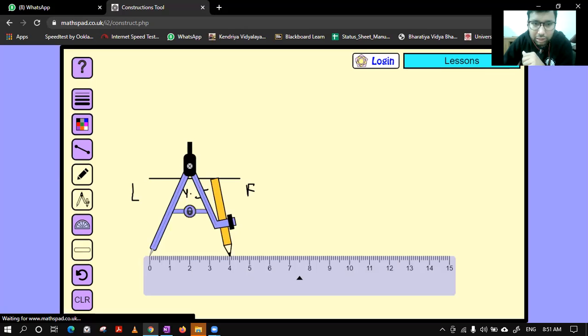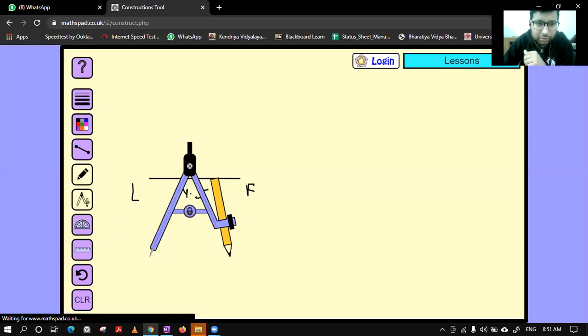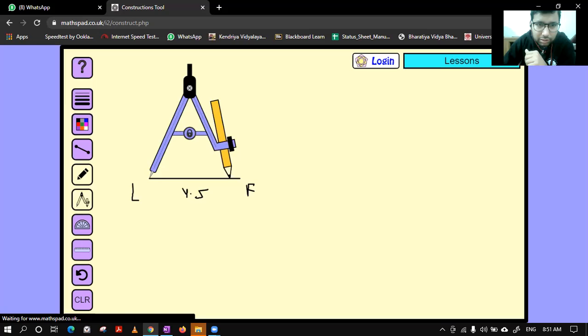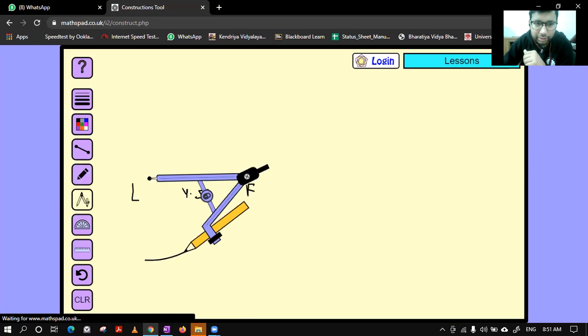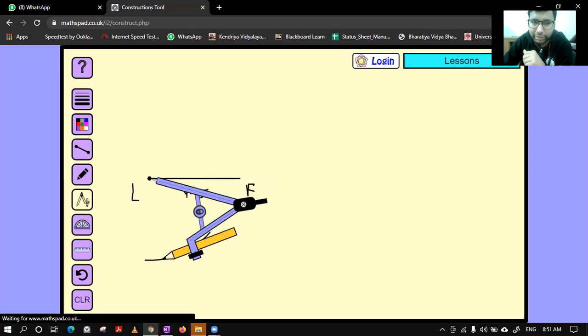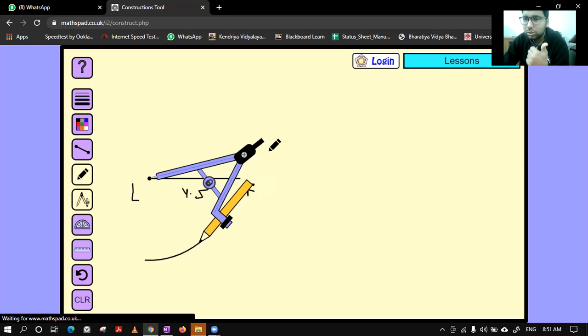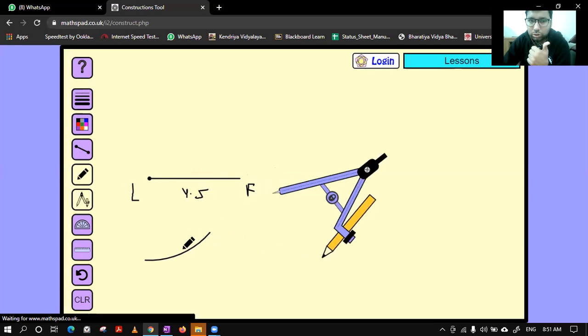So we are ready for the arc of LI. So keeping L as center and taking an arc of 4 centimeter, we know our point I lies somewhere on this arc.